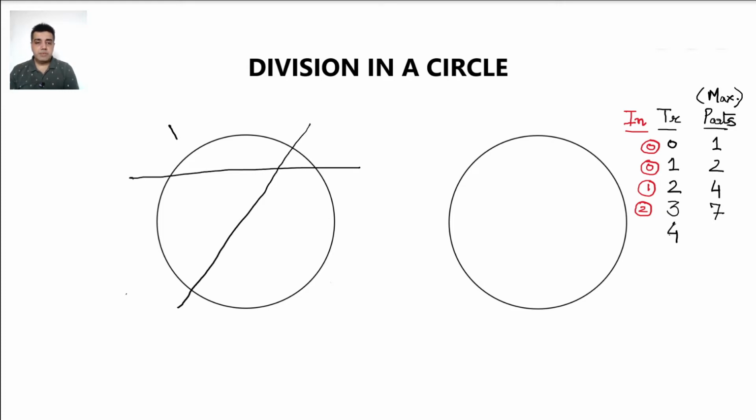So this is something that we have already done earlier. The only thing that we need to ensure now is that the fourth transversal we draw has to be drawn in such a way that it intersects with the other transversals at 3 distinct points.